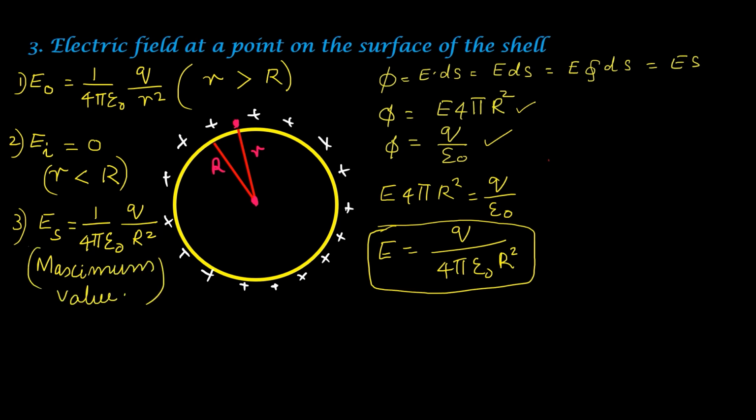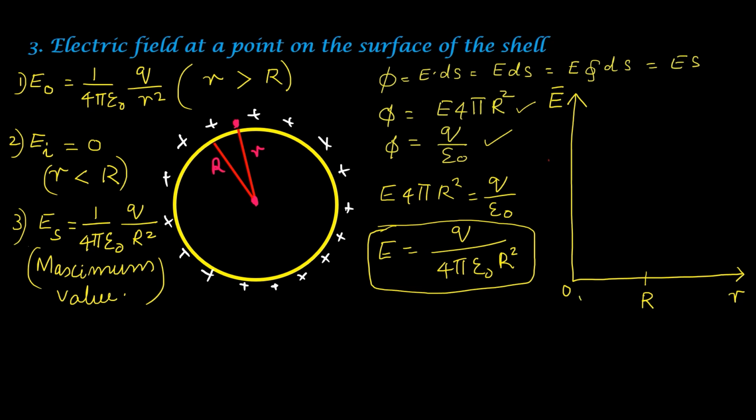Now let us represent this in the form of a graph. This is the y-axis and this is the x-axis. This is the origin. Electric field is taken along the y-axis and distance small r is taken along the x-axis. 0 is at the center of the shell.